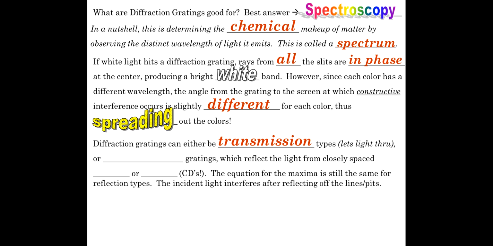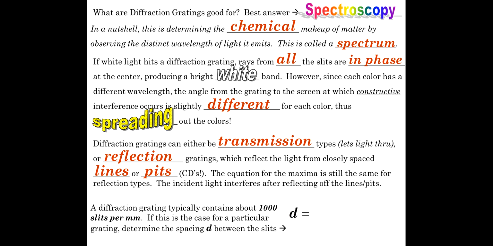They can either be transmission types, letting the light through, or reflection types, which reflect the light off of very closely spaced lines or pits, like on a compact disc. Now, the equation is the same for the maxima, whether it's a reflection or a transmission type. And if it's a reflection type, after it reflects off, the light interferes after that point. So it's the same idea, though.